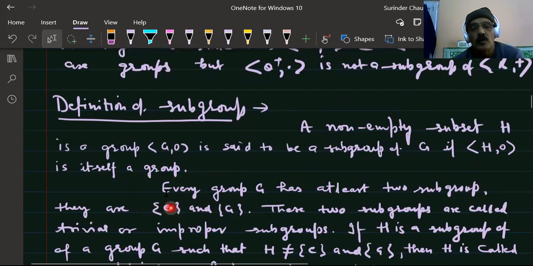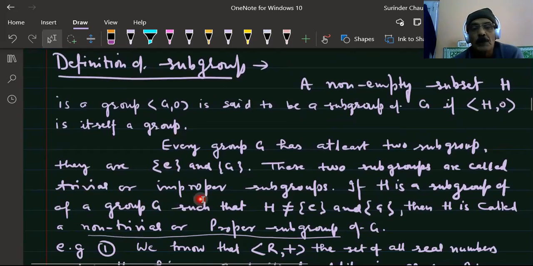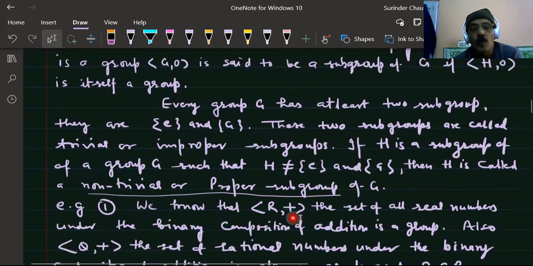So the singleton set with the identity element and the group itself are the two subgroups of any group G. These two subgroups are called trivial or improper subgroups. If H is a subgroup of the group G such that H is neither equal to the singleton set of the identity element nor to G itself, then H is called a non-trivial or proper subgroup.